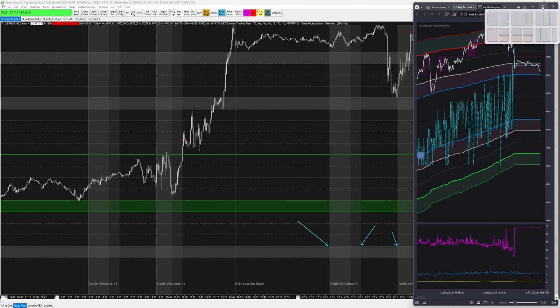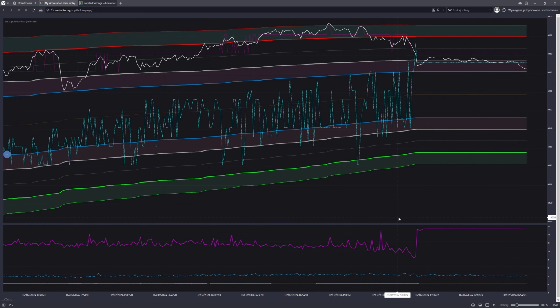So E-mini today terminal, and you can see that we have three metrics here in the bottom panel. We have a violet one. So violet is the dealers, right? It estimates or measures the dealers. Then this yellow one is basically the sentiment.